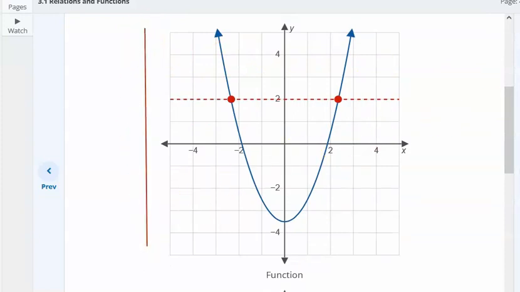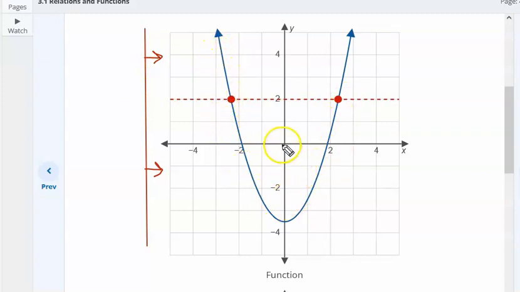And if we take that line and pass it over a graph that we're considering, in this case, this parabola, the blue parabola, does this line intersect this blue graph in more than one place at a time? Well, as it reaches here, it's once.